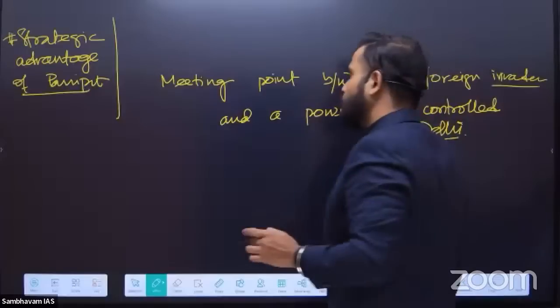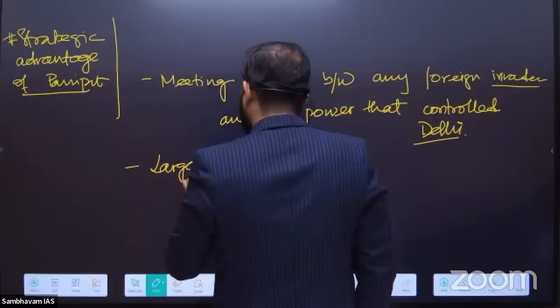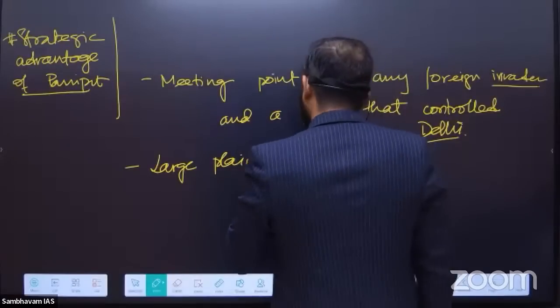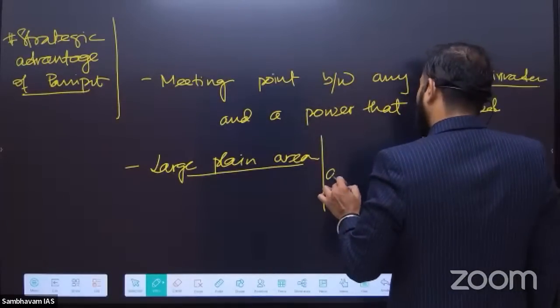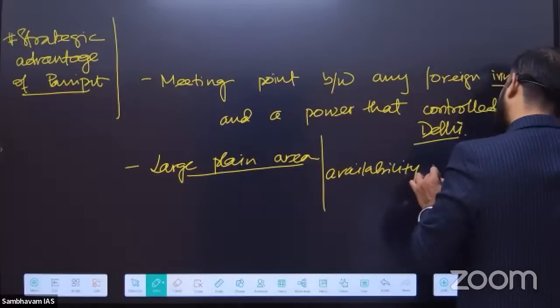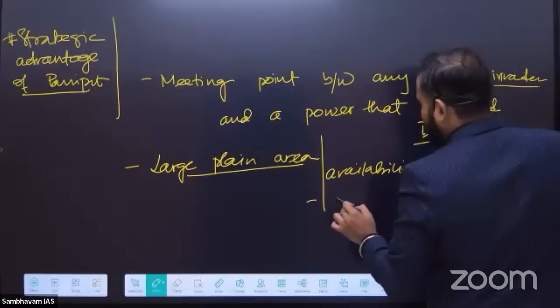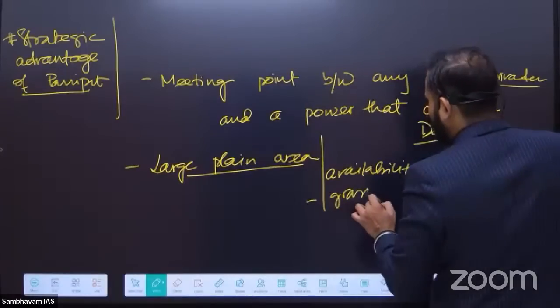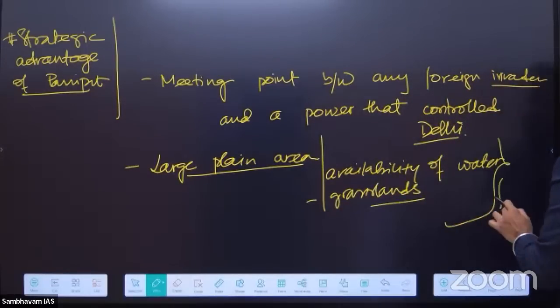Number 1. Number 2, large plain area, having availability of water and grassland. That means food and fodder for cattle.